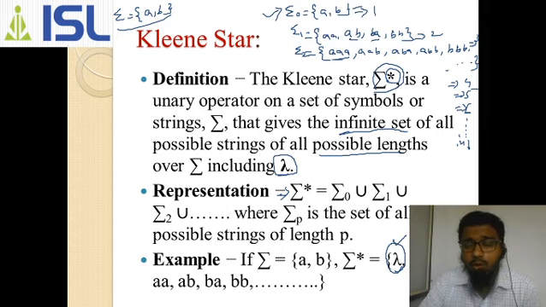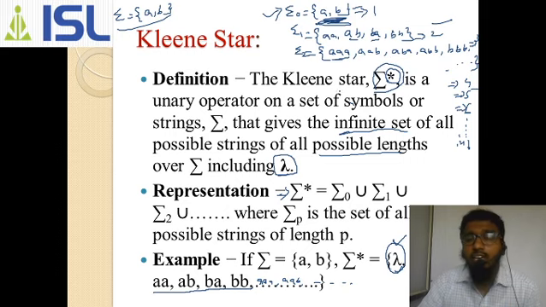Just now I showed you here, it is the same thing. AB we added here. Next AA, AB, BA, BB, so the length is 2. Then again here we can add AAA, AAB, like this and so on. So we can add in the length.